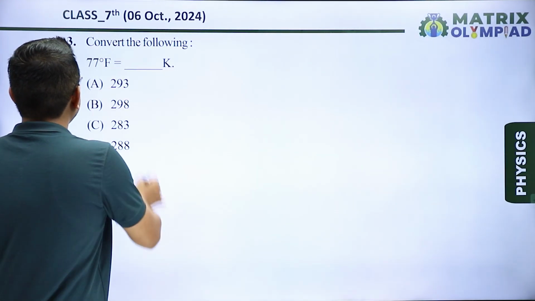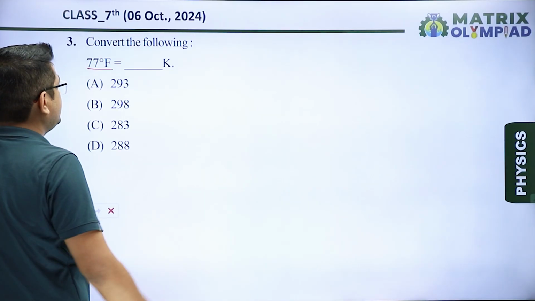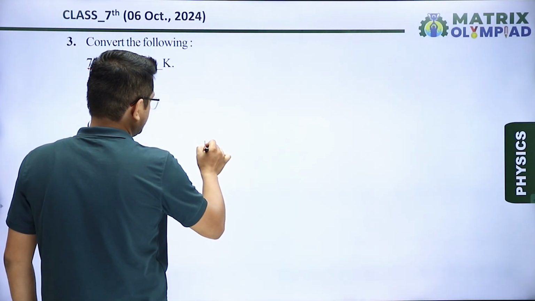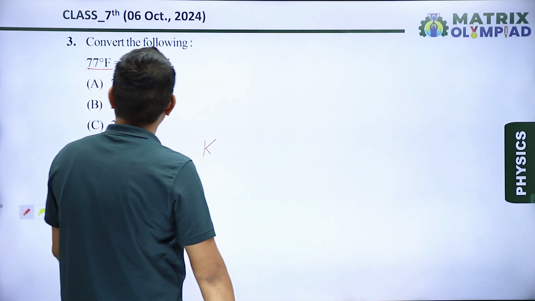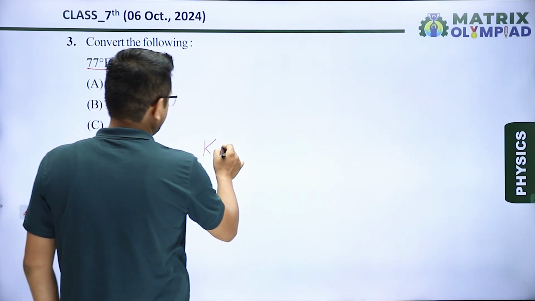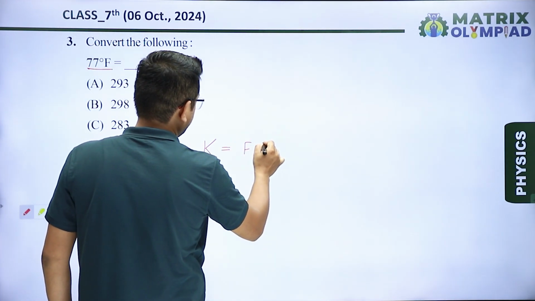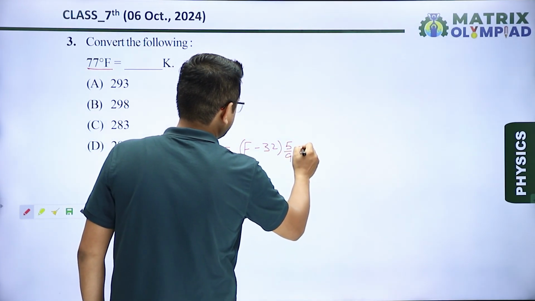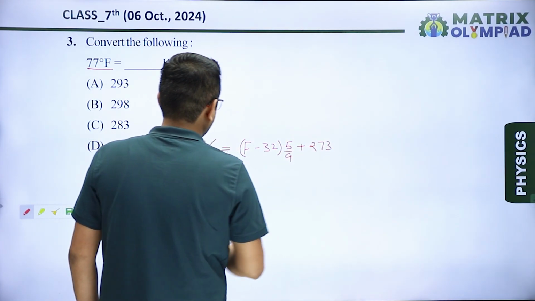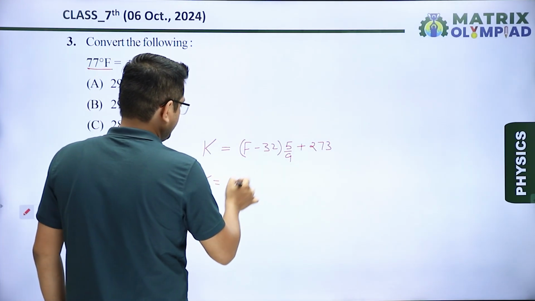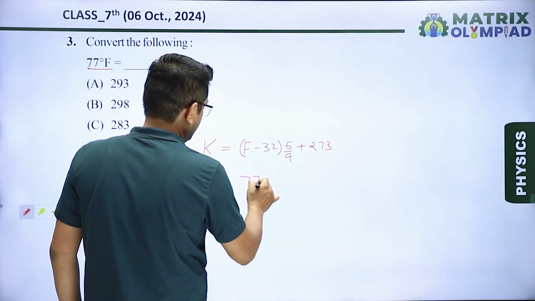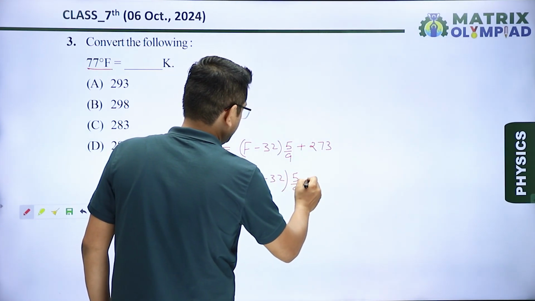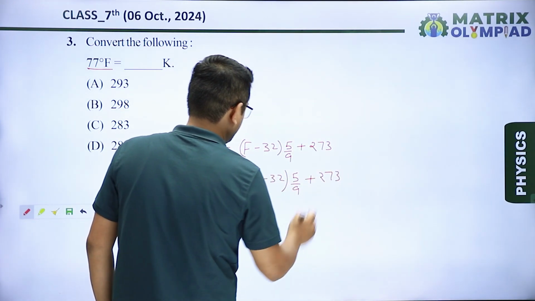Next question, question number 3. We have to convert 77 degree Fahrenheit into Kelvin. For this, we have a scale formula which converts unit of temperature from one system to another. Kelvin is equal to Fahrenheit minus 32 multiplied by 5 upon 9 plus 273. Putting the value of F, 77 minus 32 multiplied by 5 upon 9 plus 273.